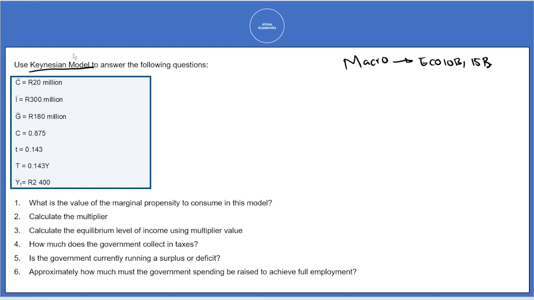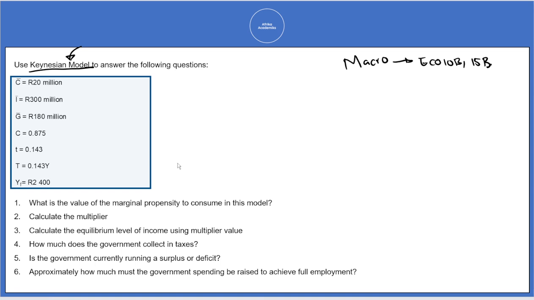Okay, so this means you have to understand what Keynesian model is in order to be able to answer this, but you can still answer without knowing what Keynesian model is. But like I said, economics, you really have to understand the basics, right? So I'll just explain in short what Keynesian model is.